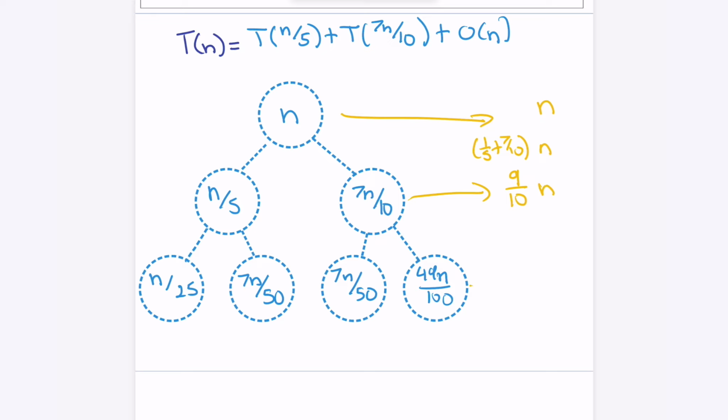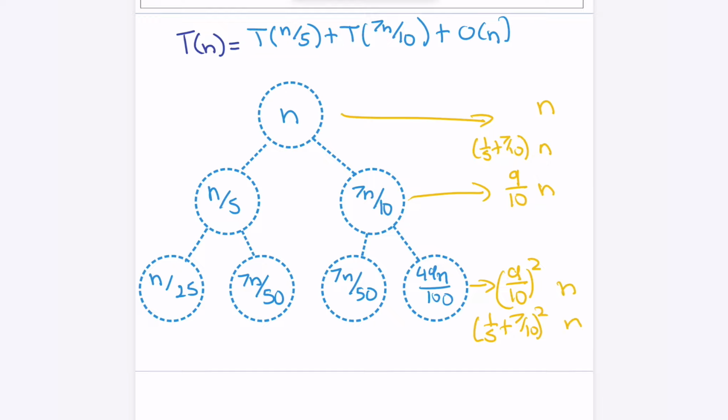Okay. What about this next level? It's just going to square it. So that'll be 9 over 10 squared. Or it might be easier to visualize that in the tree as 1/5 plus 7/10 squared times n.